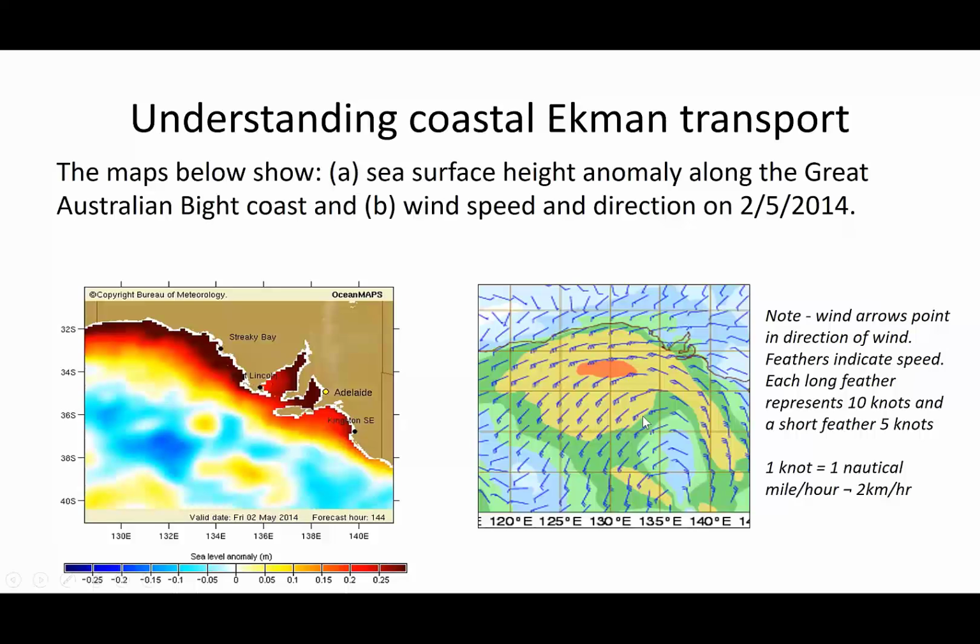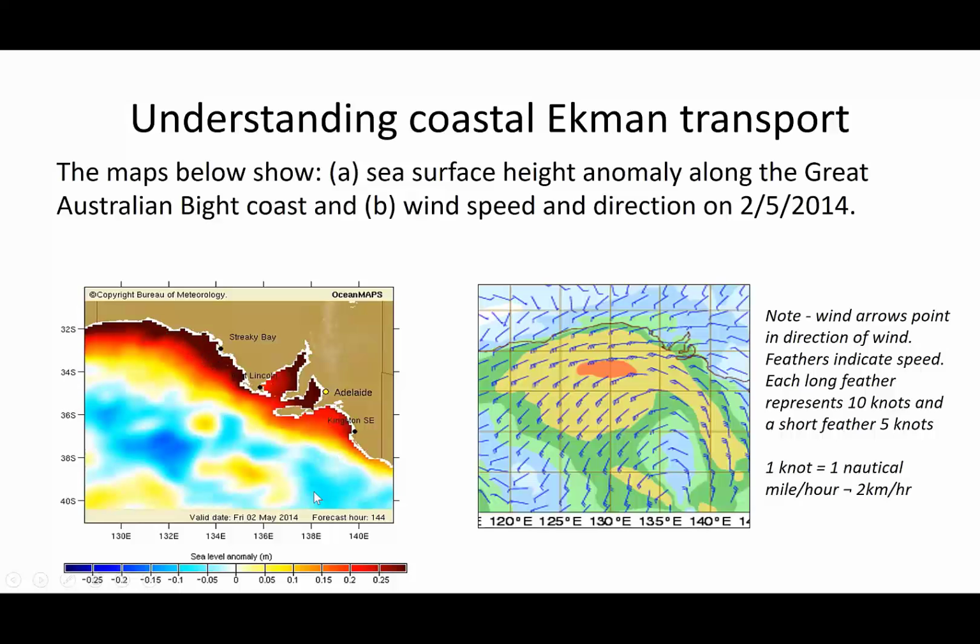Here's an example from the South Australian coast. Here's a synoptic chart on the right, and here's a sea surface height diagram on the left showing variation in sea surface height due to the convergent flow of water onto the coast due to these strong westerly winds circulating around a low pressure system in the Great Australian Bight.